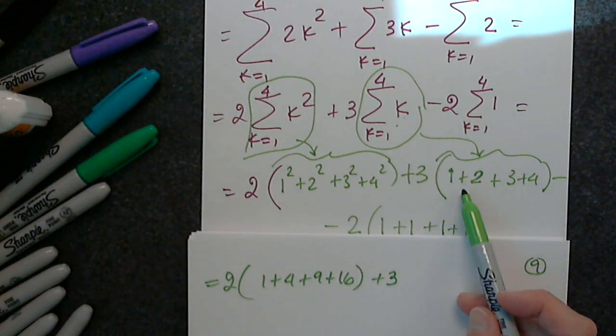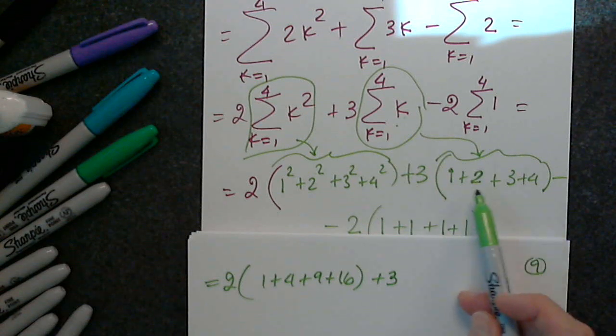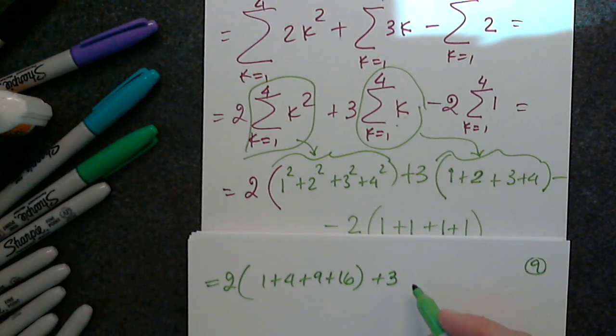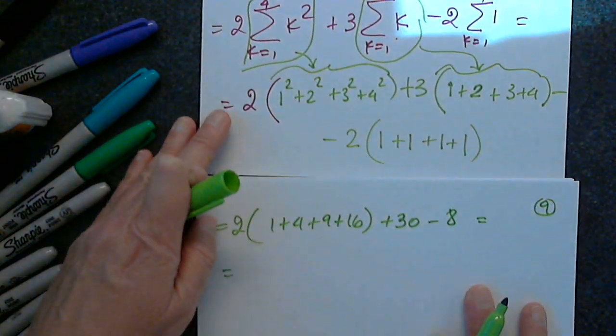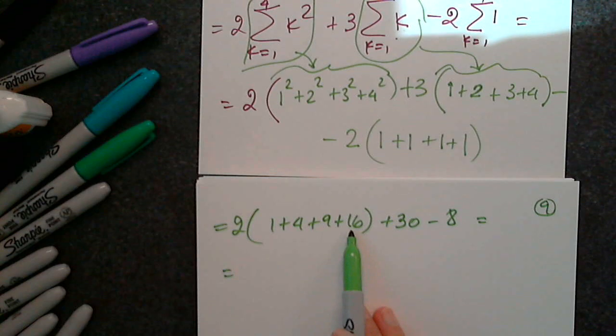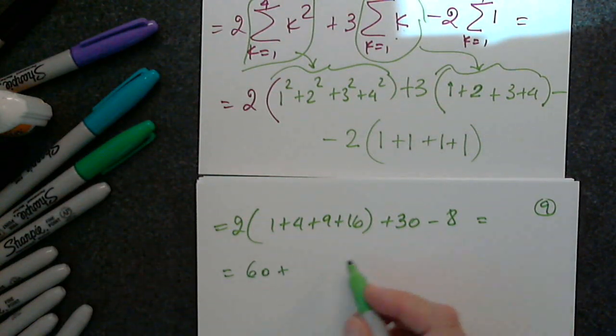So this is 10, isn't it? 5 and 5, so 30, minus 2 times 4, which is 8. So let's see what we get. 10 plus 20 is 30. 30 times 2 is 60. And plus 22, 82.